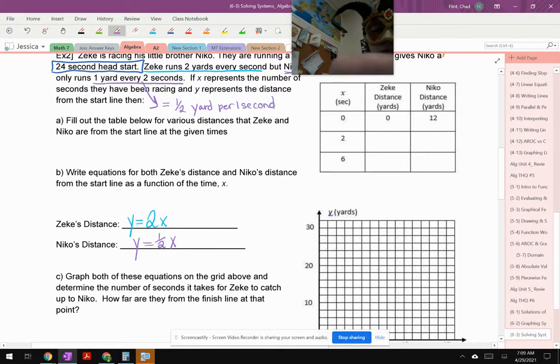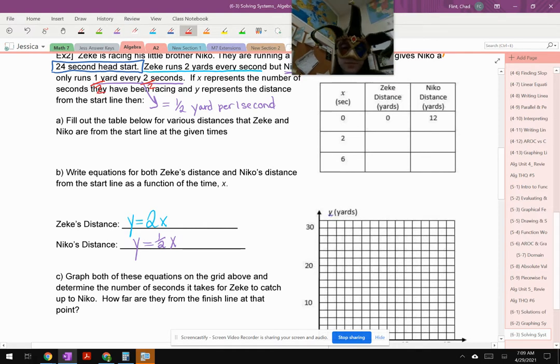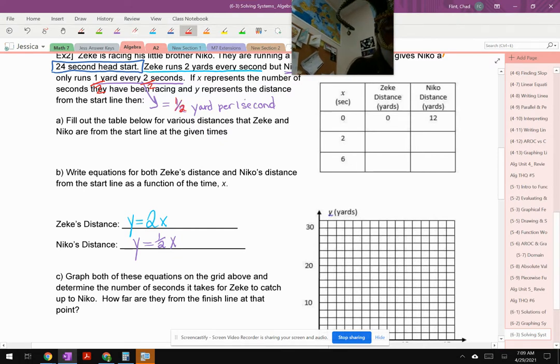That's just finding a unit rate, old school unit rate. Divide by 2, divide by 2: 1/2 yards per 1 second. I'll fill this in red because then it matches per 1 second.